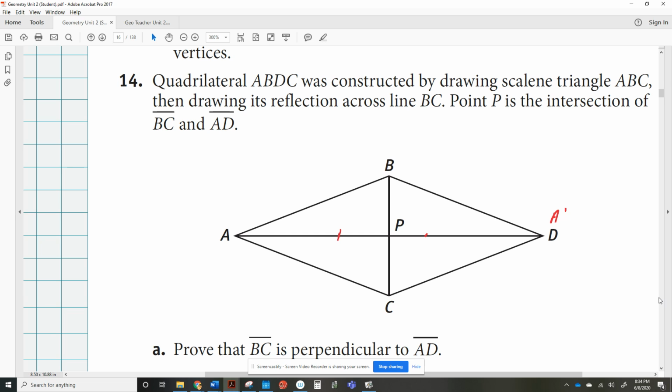It's halfway, so that means these two pieces are equal to each other. And we also learned up there that it's perpendicular. So BC right here is perpendicular to AD because BC is the line of reflection and AD is the line that connects the mapping of A to A prime, or A to D in this particular case.